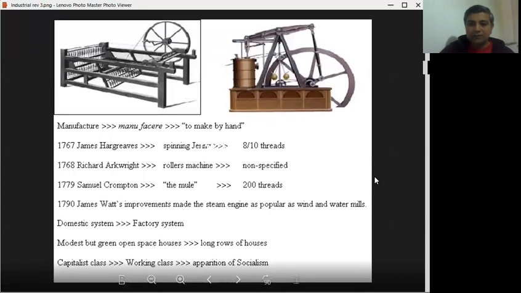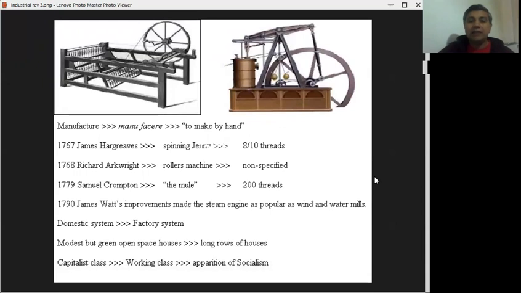Through scientific discoveries and investigation, they started to develop new machinery. So we see in the picture that until this time, manufacture was considered to be made by hand, okay? Manufacere in the Latin translation.